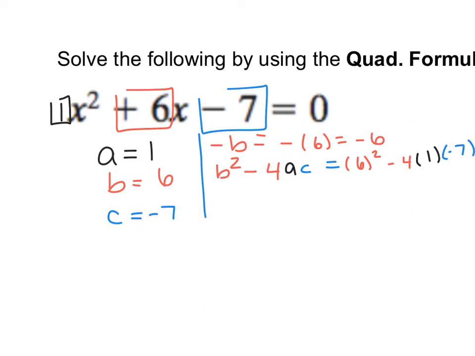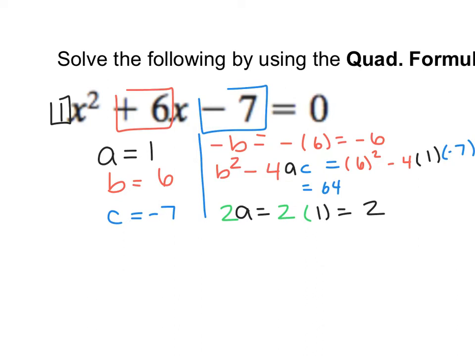We type that into our calculator exactly as it's written, and you should tell me what you're going to get. I get 64. And then last but not least, we do our 2a, which is going to be 2 times 1, which is 2.